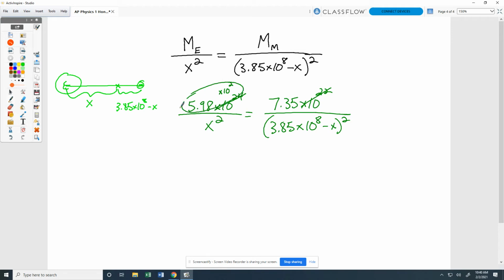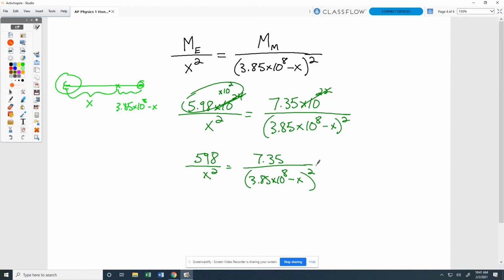So this whole number is going to become 598. So to simplify this, I'll have 598 over x squared equals 7.35 over this big quantity, 3.85 times 10 to the 8th minus x squared.